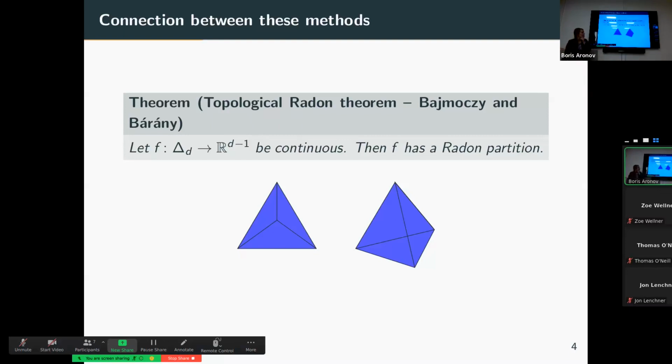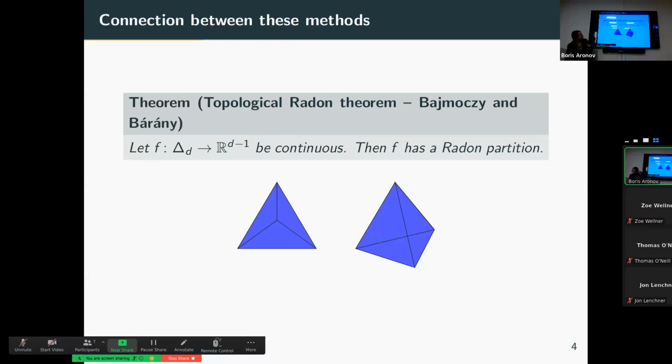For the topological Radon theorem, if you have a continuous map from the d simplex to R^(d-1), then you have to have a Radon partition. What the Radon partition means is a partition of the vertices in such a way that the convex hulls of those parts will intersect. So here I have a tetrahedron that has been mapped into R2, which is our TV screen.